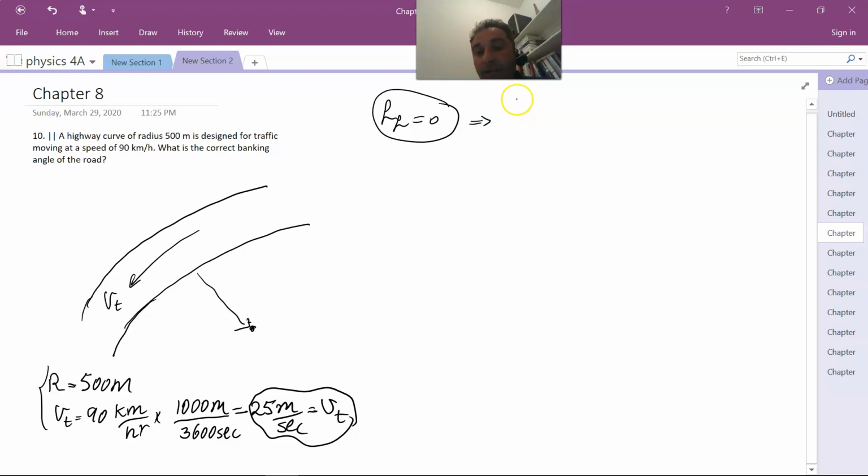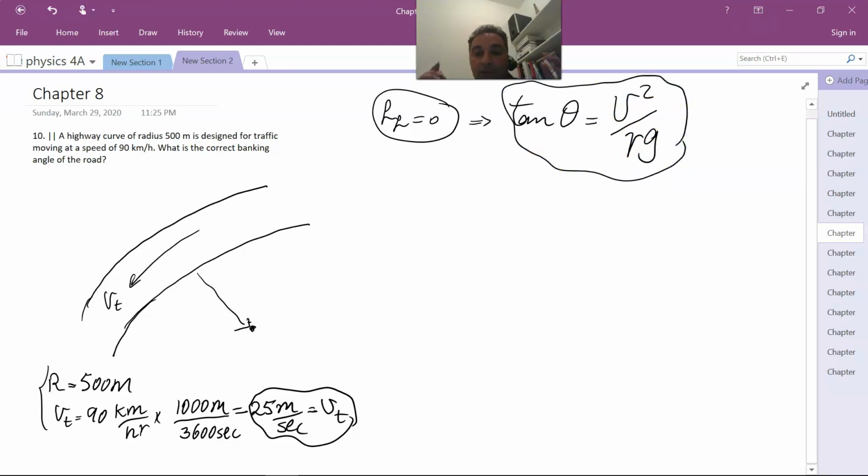And the equation that I found was this: tangent theta is v square over rg, correct? We got this equation from that big formula. They want me to find theta actually. Theta is unknown.